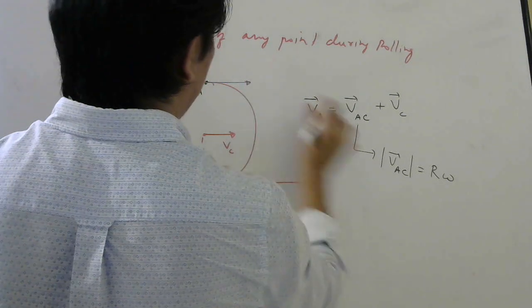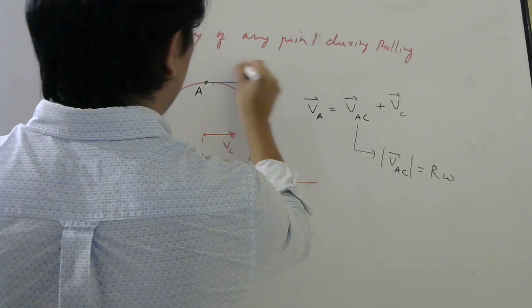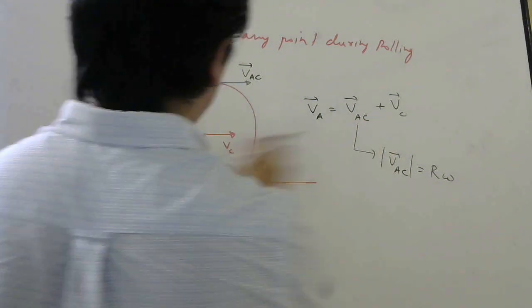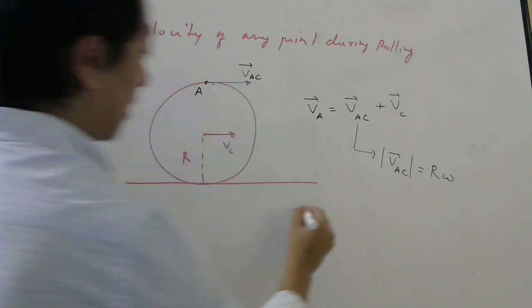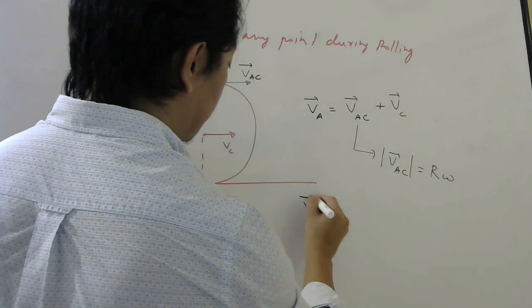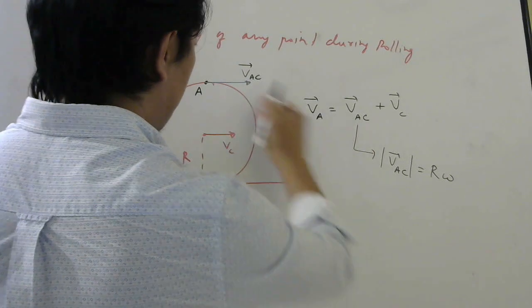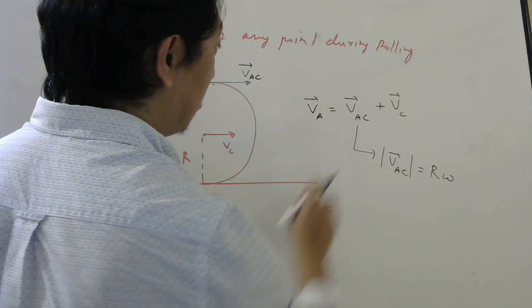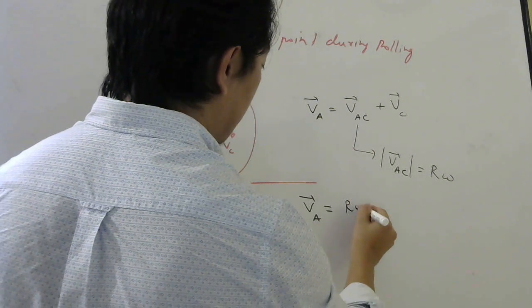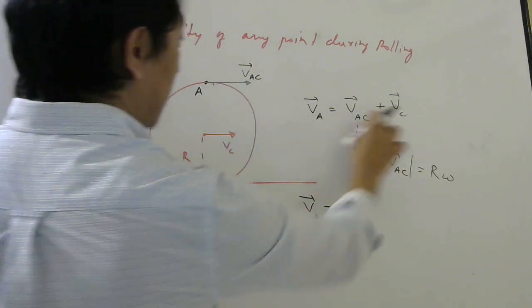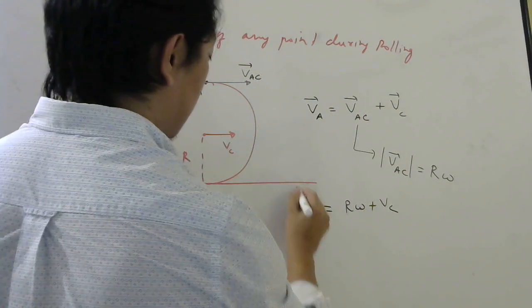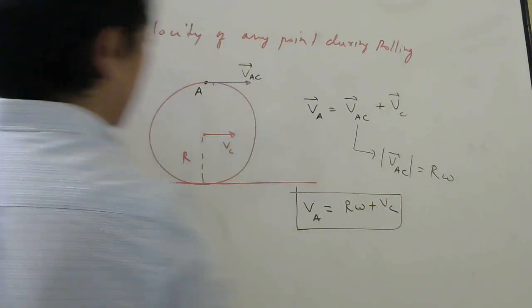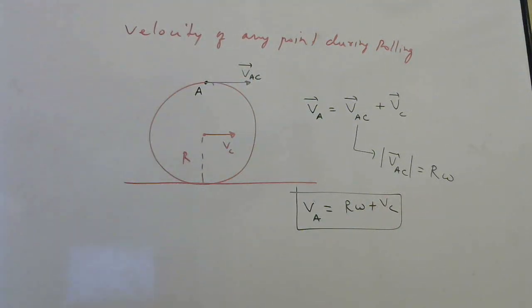So this will be V_AC. And the velocity of center of mass is also here. Since they are in the same direction, how will you write V_A? Since they are in the same direction, I can add the magnitudes. What is the magnitude of this? r omega. What is the magnitude of this vector? V_cm. So this is the velocity of point A in the body.